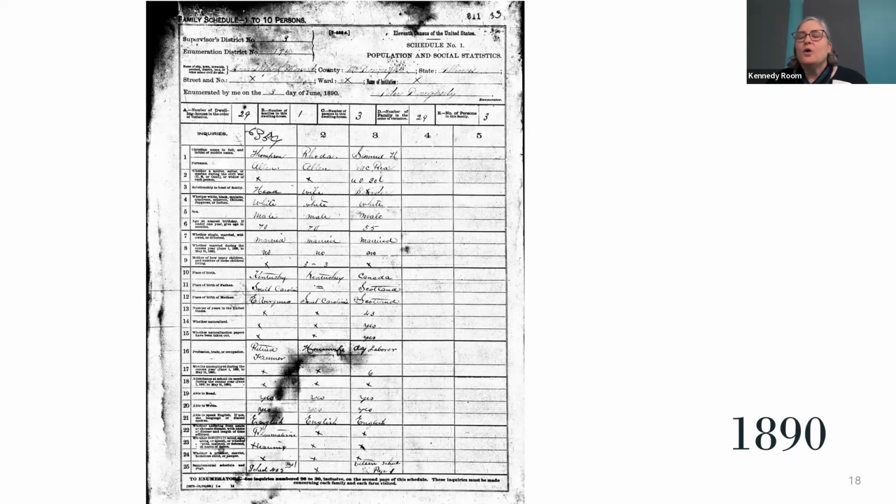1890, we have a lovely problem that in, I believe, 1921, there was a fire at the Commerce Building in DC. There was significant water damage, in addition to what burned.